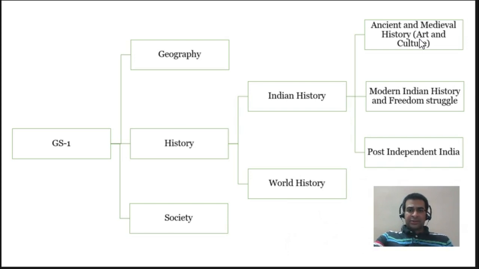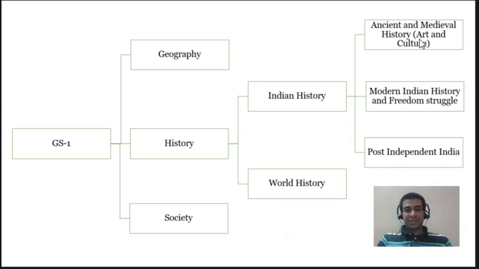Again, there is a lot of overlap between ancient, medieval, and modern, and most of the time the type of questions asked in the mains examination as well as the prelims examination are highly interdisciplinary in nature, which we will see when we look at the type of questions being asked. Then we have modern Indian history, or what we call the freedom struggle. Again, there is a lot of overlap.